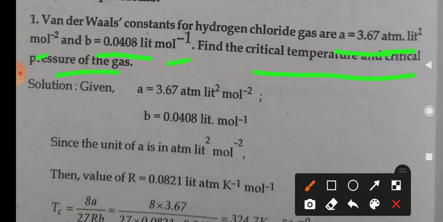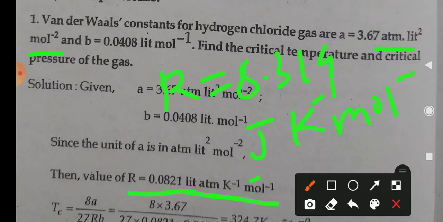By using the formulas, as the unit is atm liter square mole to the power minus 2, we have to use the R value in this unit. Now we know the value of R is 8.314 joule Kelvin inverse mole inverse.